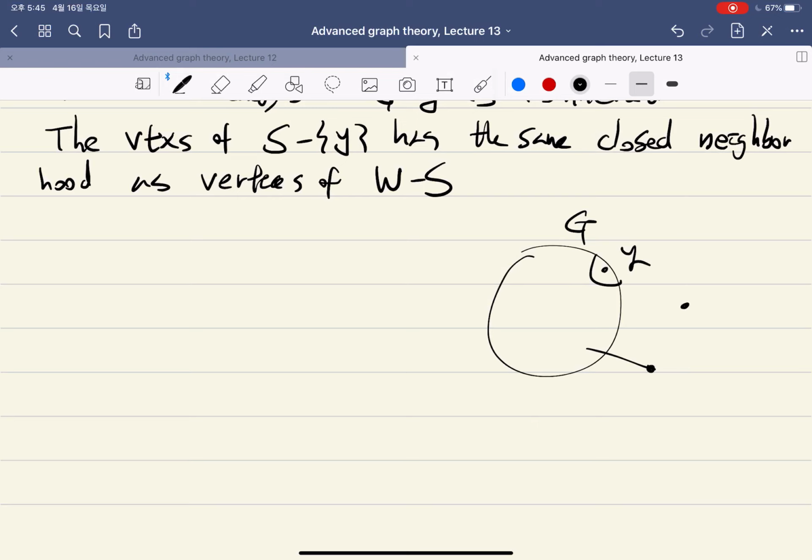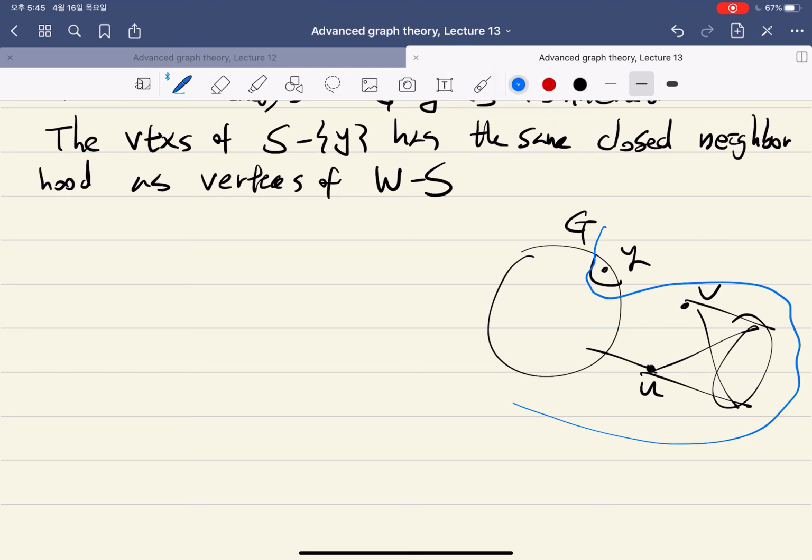And then how does it look? V, U, and this is how it will look. And we know that our assumption is that this is connected. Then once you delete some of the vertices here, the remaining vertices have exactly the same role as these vertices.